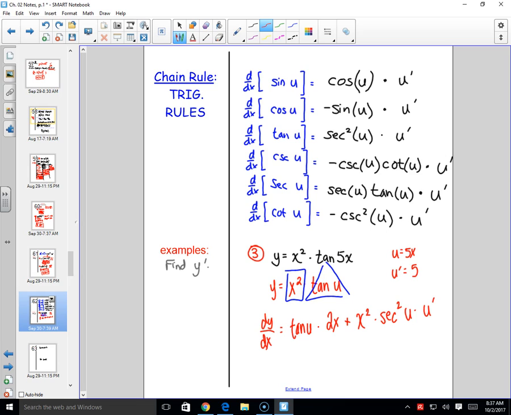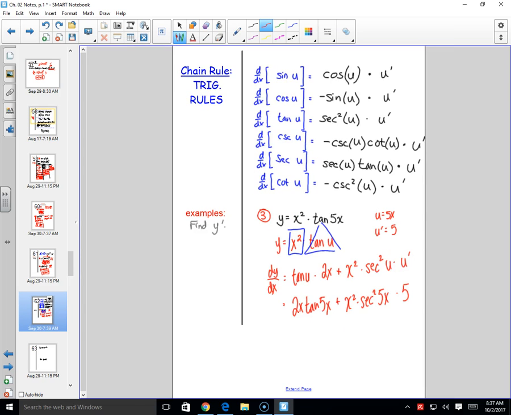Now what do I have to do to finish the problem? Plug in the u and u prime. I move the 2x in front because usually we want the trig to be last. But plug in 5x for u. This one will be x squared times secant squared of 5x times 5.